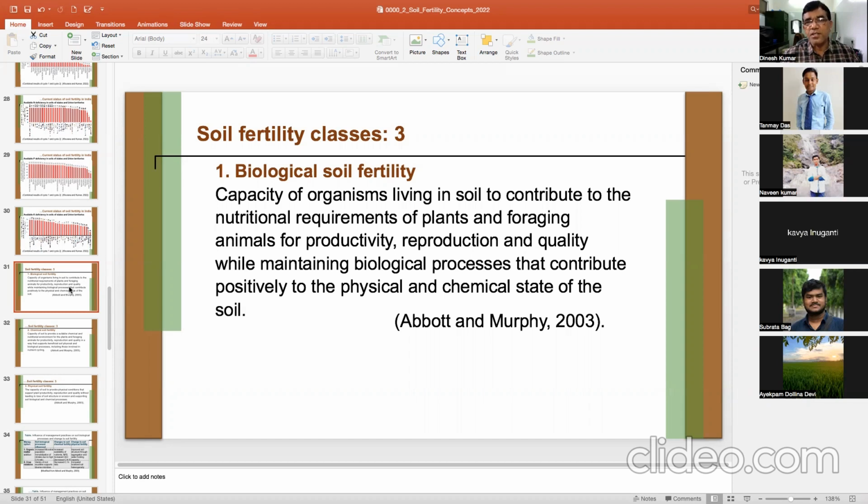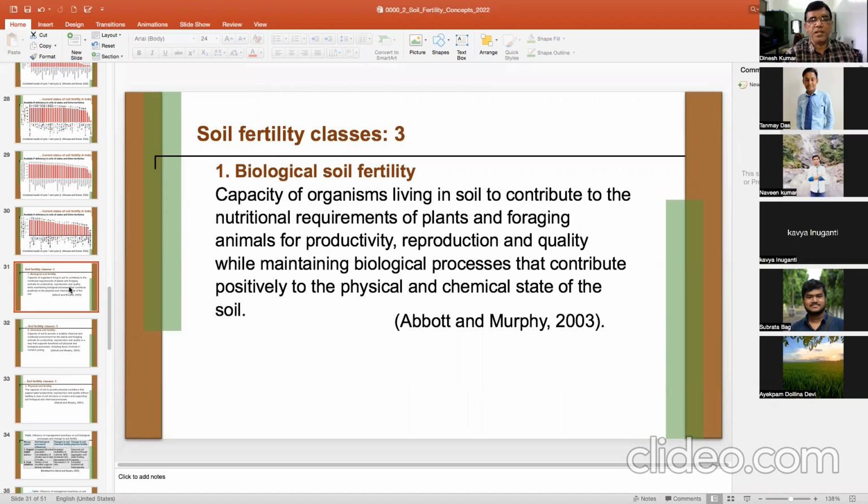So what is biological soil fertility? It is the capacity of organisms living in soil to contribute to the nutritional requirement of plants or crops and foraging animals for productivity, reproduction, and quality, while maintaining biological processes that contribute positively to the physical and chemical state of the soil.